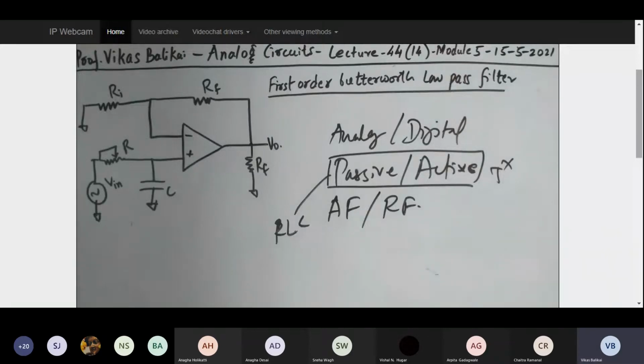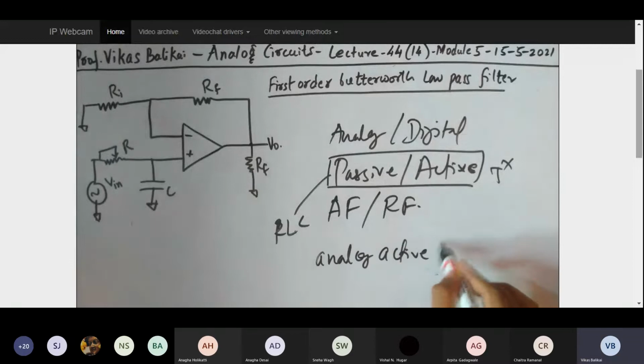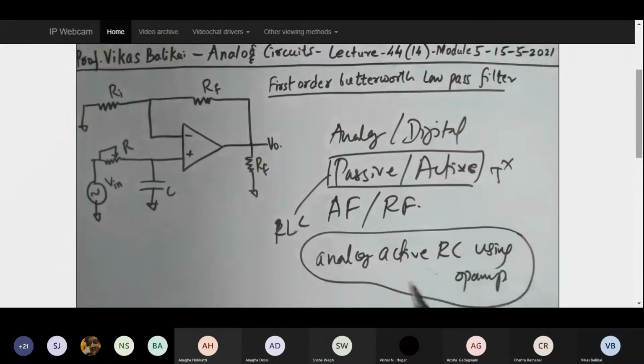From this lecture onwards, we're going to analyze and design some analog active RC filters using op-amps. That will be the core agenda behind these subsequent lectures, and we're not going to use inductors as of now.